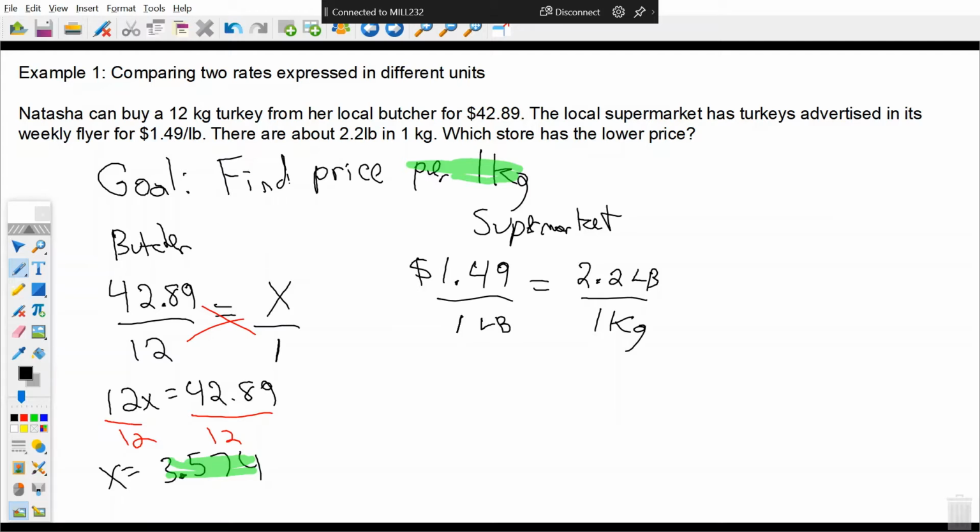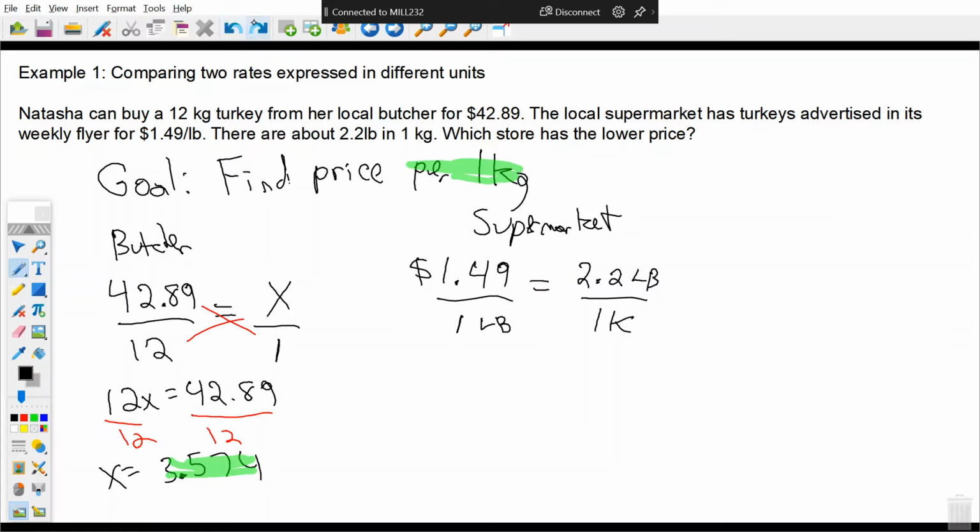So if we run this conversion quickly, let's multiply, and the pounds will cancel out. Oh, sorry, not cross multiply. We just multiply here.